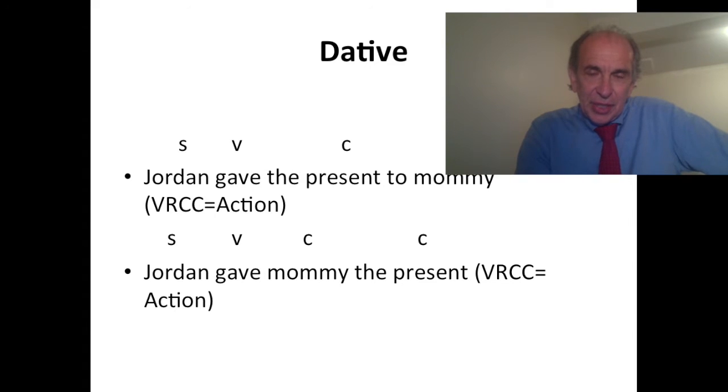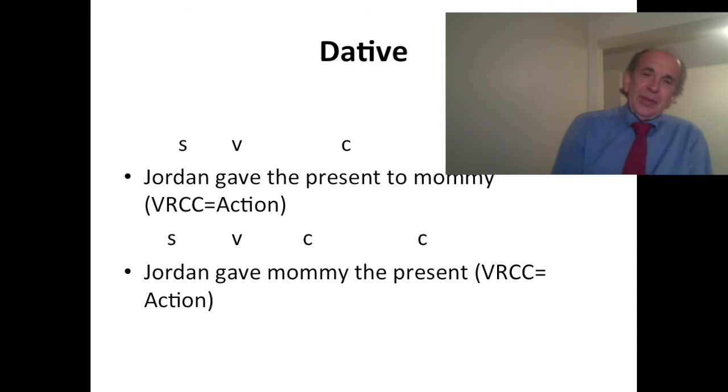The verb relation content category is action. "Jordan gave mommy," or "Jordan gave the present." Action. Coordinated with dative, the non-verb relation content category is dative.